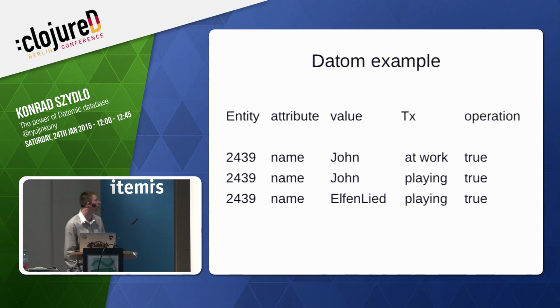So here we've got an entity with entity ID of 2439. Its attribute is name. There are different values, John, Elfenlied. We've got transactions, so we can keep track of changes to an entity, and operation, it's either true or false, meaning that the datum was added or retracted.